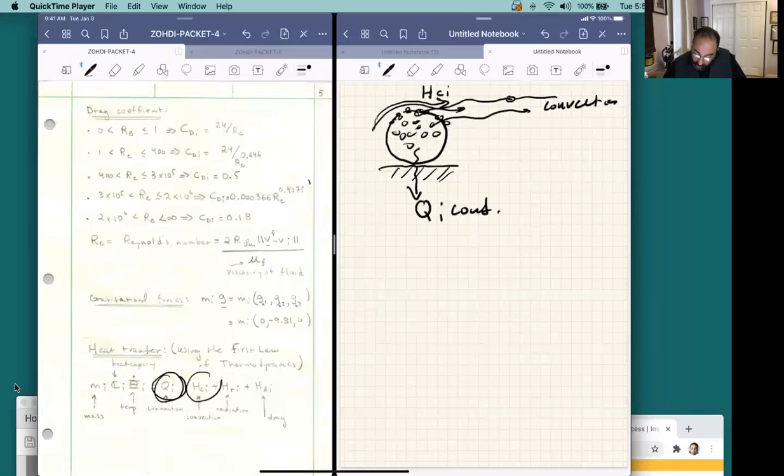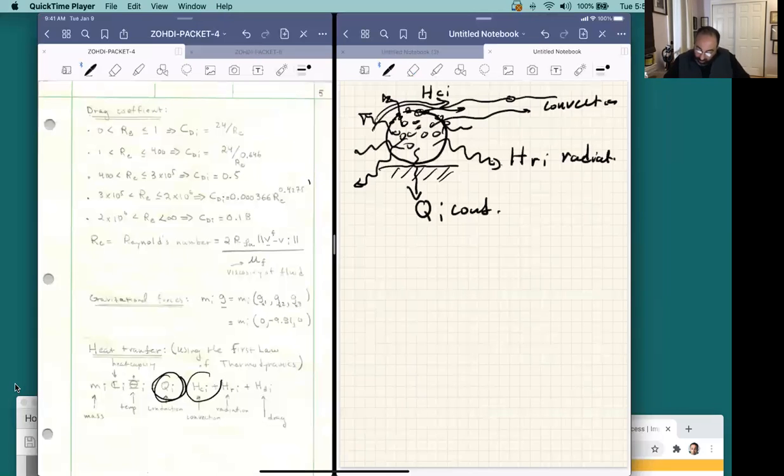Then we also have what we sometimes refer to as black body radiation. As the material gets glowing hot, it radiates heat, much like a sun or some kind of resistive heating element. That radiative type of heat we'll call H of R i, and that is radiation.